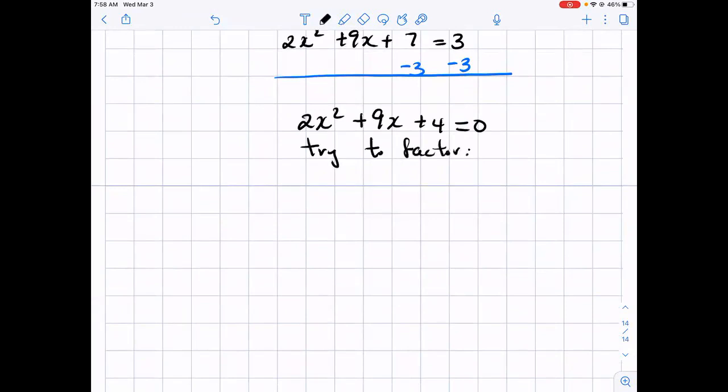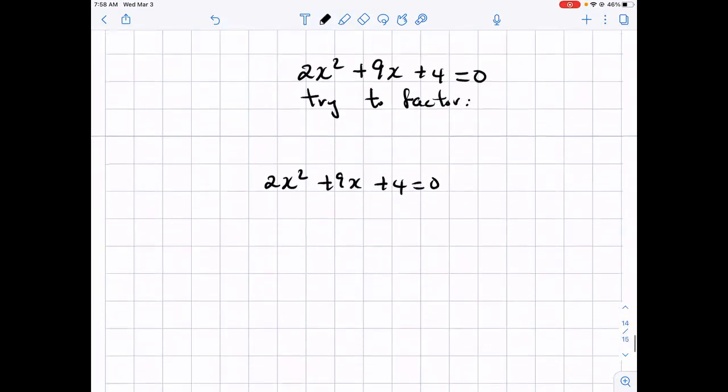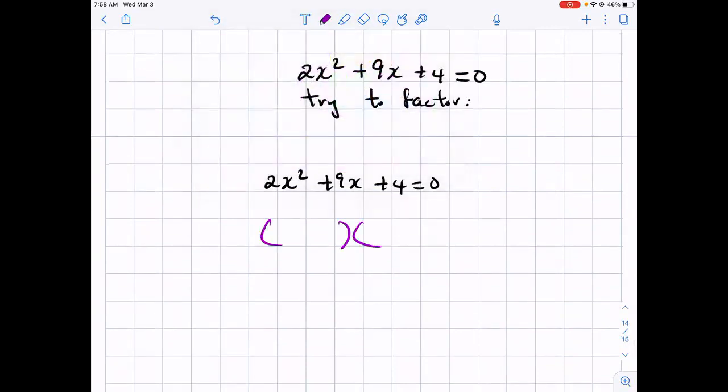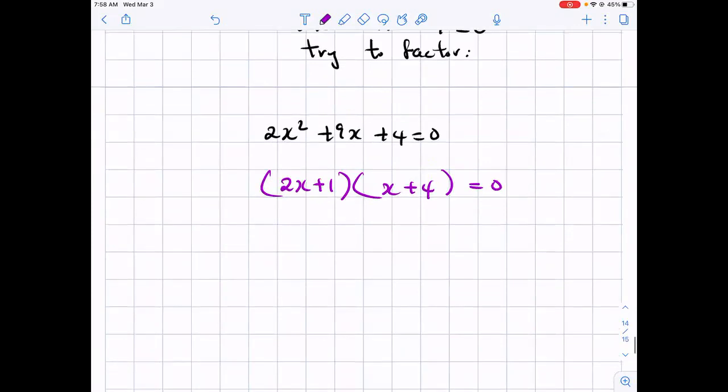This can be factored: we will have (2x plus 1)(x plus 4). Each one of these is a factor.